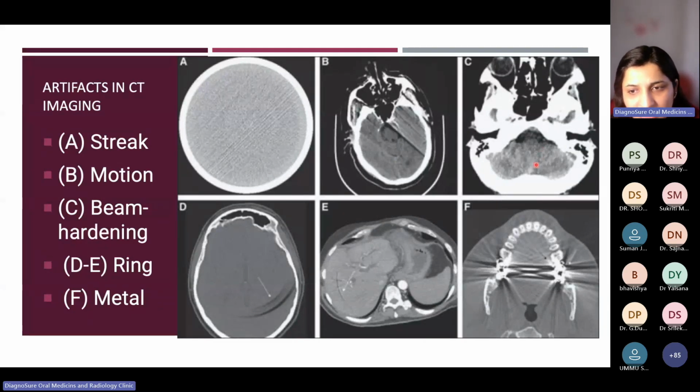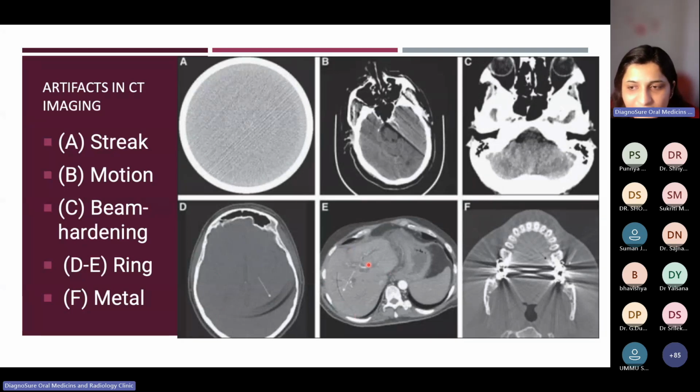Third is beam hardening. Beam hardening artifact occurs when low energy X-rays are absorbed more than higher energy X-rays as they pass through dense material. So whenever there is a very high density bone or metal, this might appear as a beam hardening artifact. This is the ring artifact. A ring artifact looks like a ring here, and this you can also see.